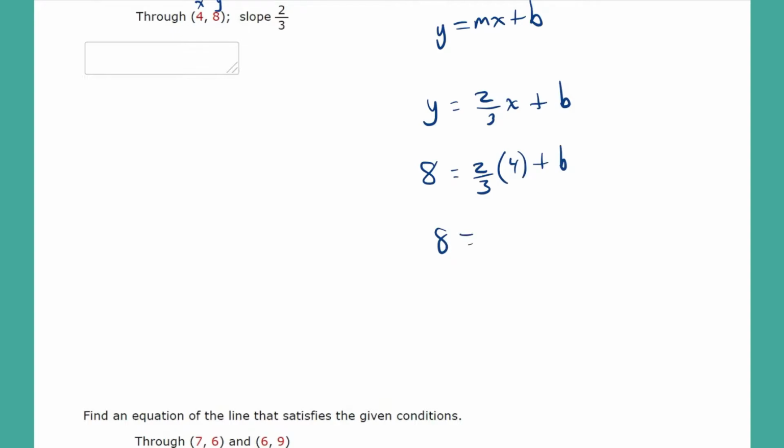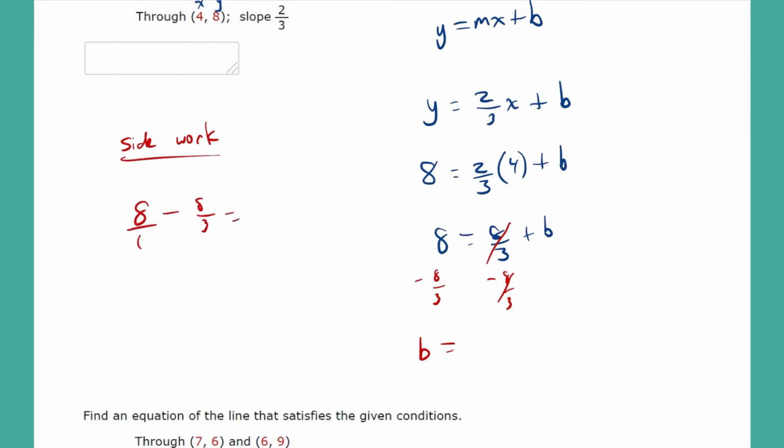After multiplying, we get 8/3, and now the final step is to subtract 8/3 from both sides, and that gives us b equals 8 minus 8/3, which is, I'm going to do a little work on the side here, times 3, common denominator, that's 24, take away 8, which is 16/3.